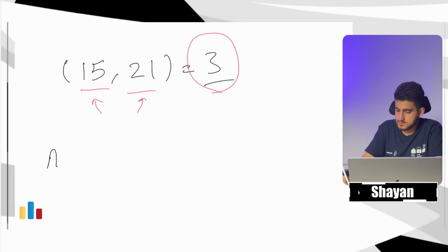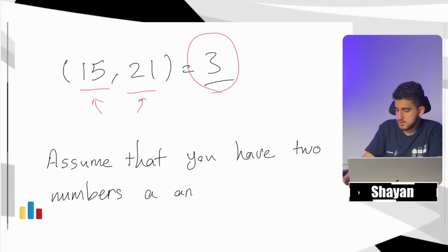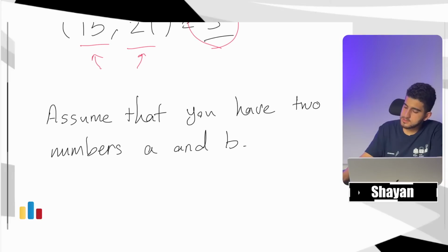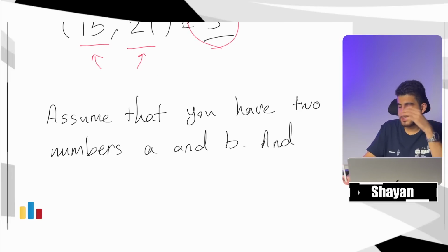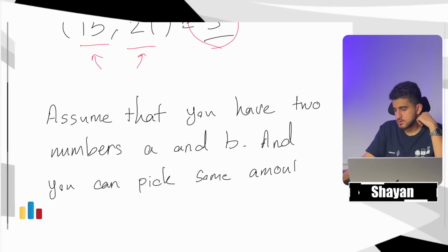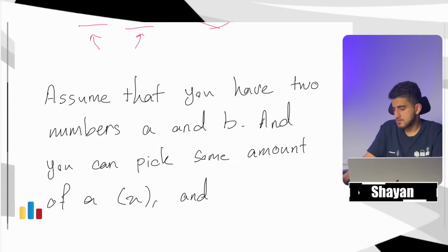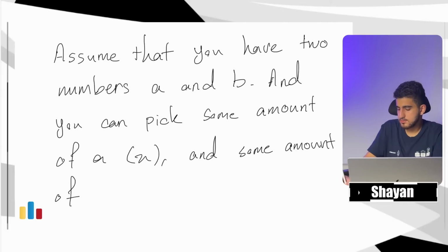So in simple words, assume that you have two numbers a and b, and you can pick any amount of a that you want, and this amount can also be negative.